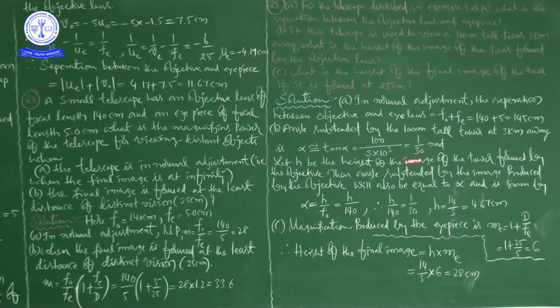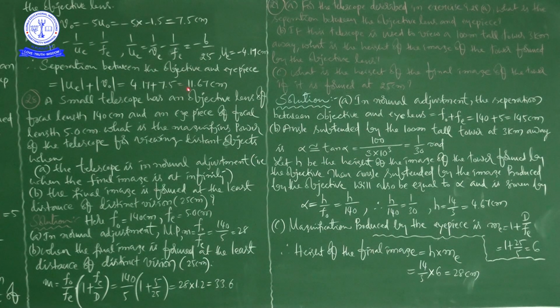Substituting the values given, FE is 5 centimeters and VE is 25.